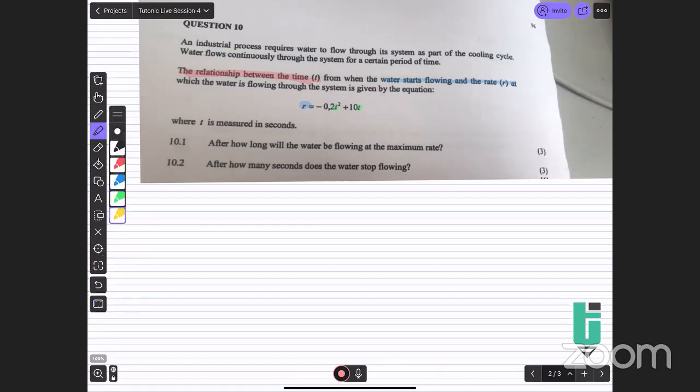Find the derivative and make it equal to 0. Right, because this is an equation for rate and you want the maximum rate. And the way you find the maximum, you make the derivative naught. Do you see that?